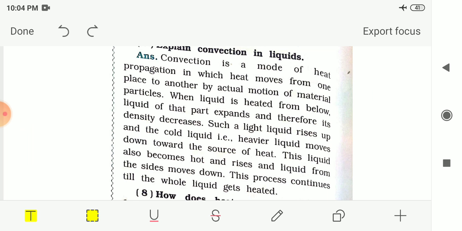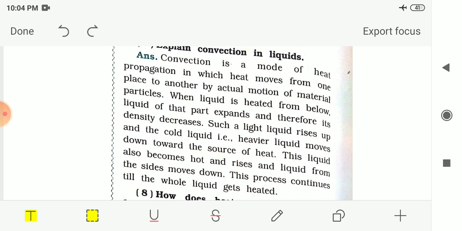And in that, when we start to give heat from the bottom of that beaker, the liquid present at that part gets heated, and it becomes lighter, or it expands, and its density decreases. The materials whose density is lower will go upward.